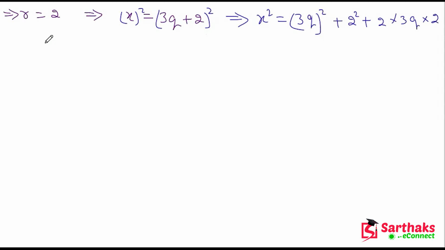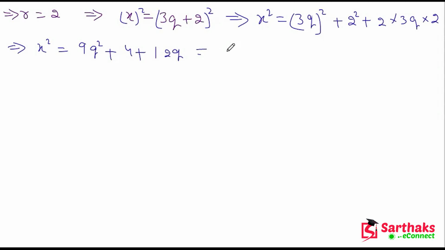Now the value of x square is 9q square plus 4 plus 12q.